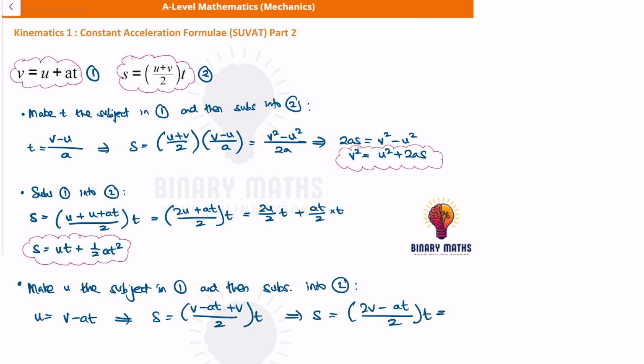If you expand it and simplify, you get s = 2v over 2 times t minus, not plus, at over 2 times t. If we simplify, the 2's cancel out, so you get s = vt - half at squared. So that's the last one.